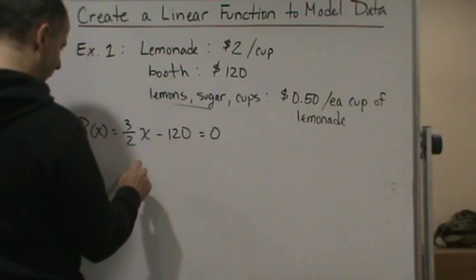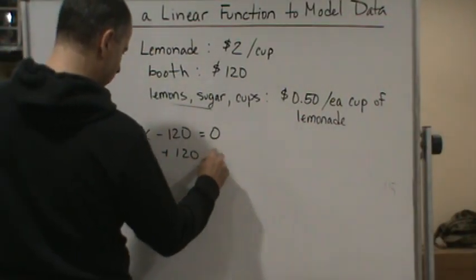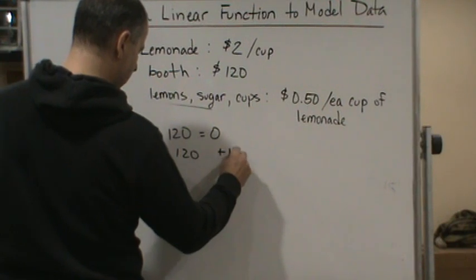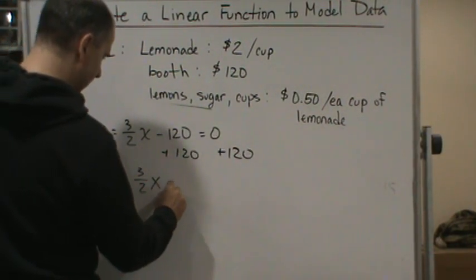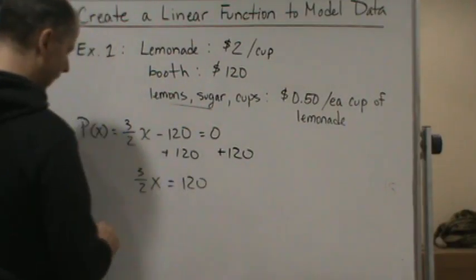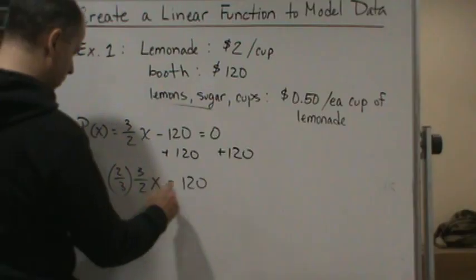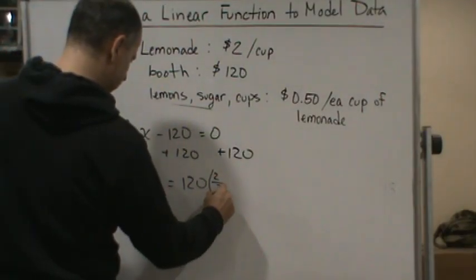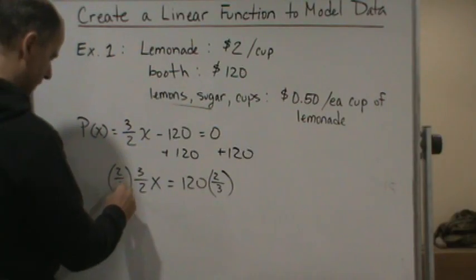So that would be what? So now I'm going to add 120 to both sides, right? So I get 3 halves x equals 120. And so if I multiply both sides by 2/3, right? So 2/3 times 3 halves gives me 1.